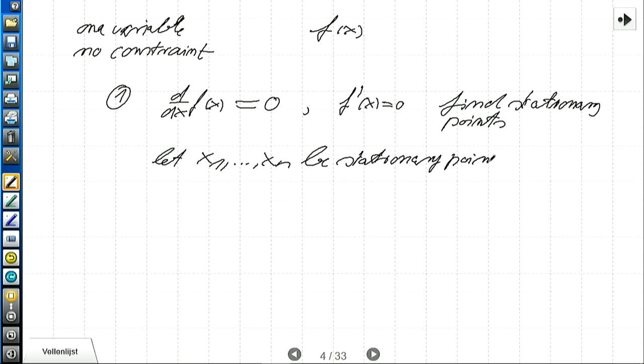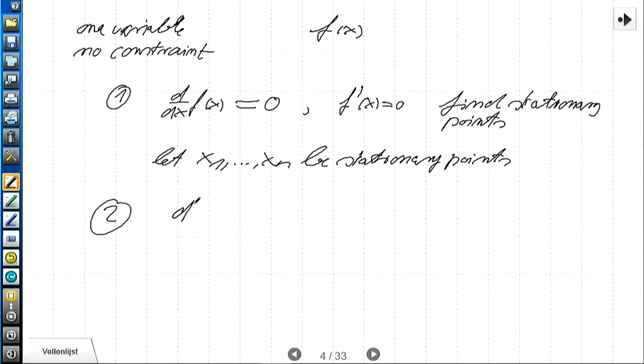What do we then do? We check their nature. So step 2, we take the second order derivative of f with respect to x, or more conveniently, we just stick to primes, and we ask the function at this point, what are you doing?